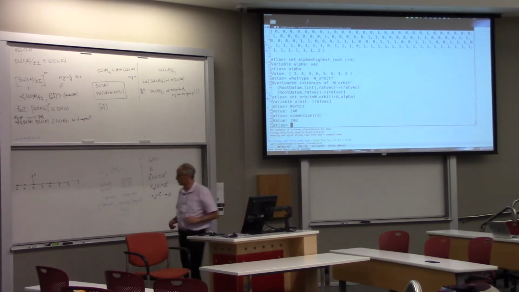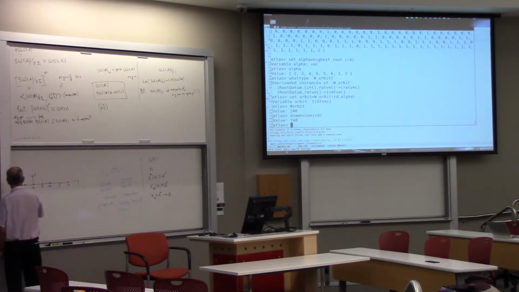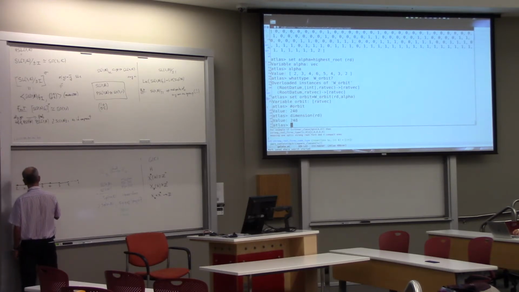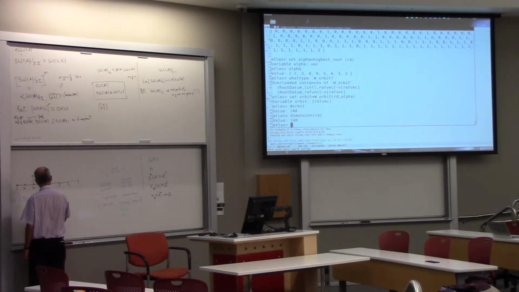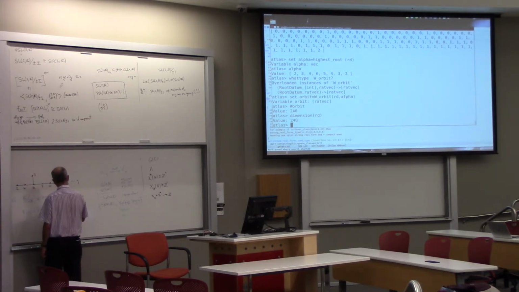So what I claimed this morning is that if you take the Weyl group of type E8 and you act on the root lattice modulo 2 times the root lattice, where the cardinality of the set is 256, then R modulo 2R is equal to 0, union an orbit of size 120, union another orbit of size 135.